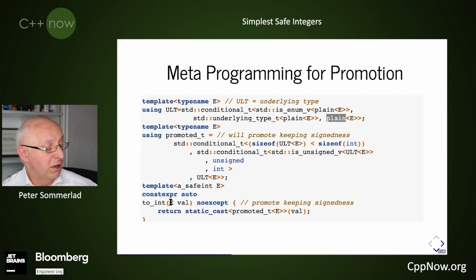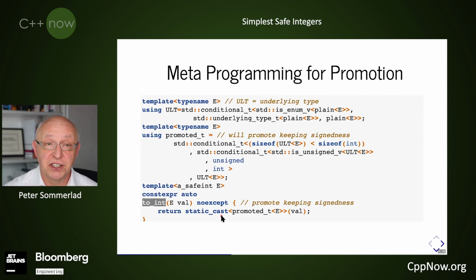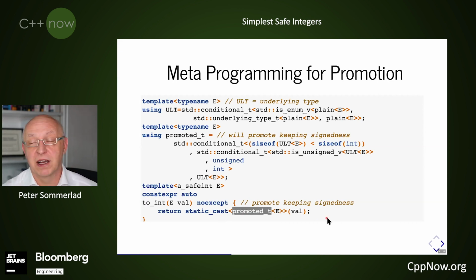Now, the explicit conversion to an integer will use that integral promotion, and that is done by just static casting our enumeration value to the corresponding integer type that we computed with the promoted meta function.